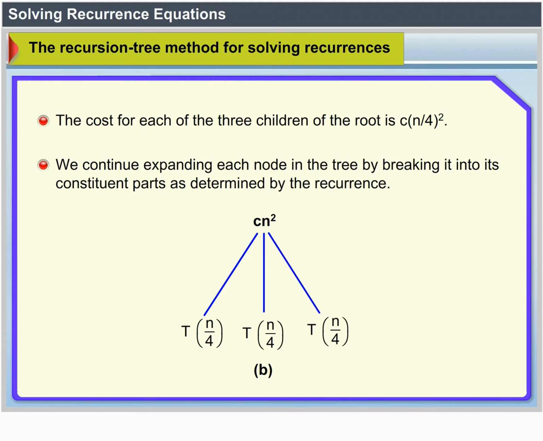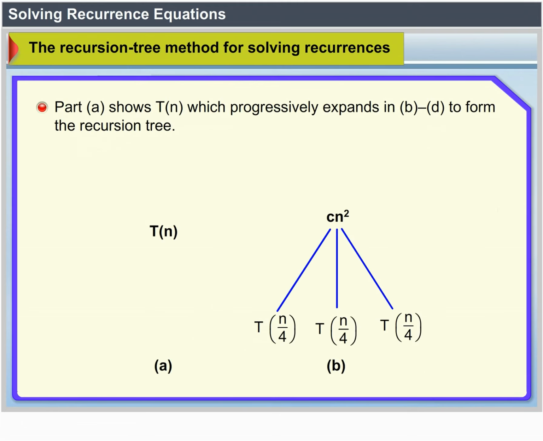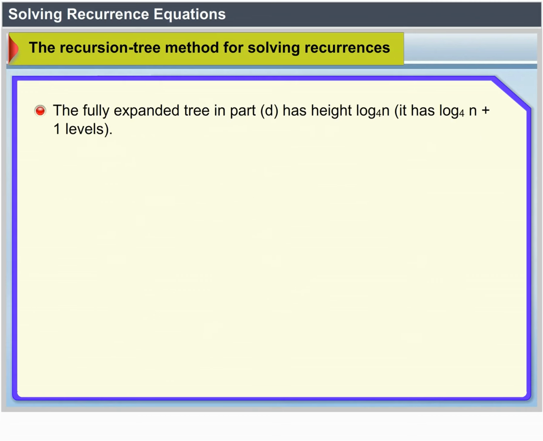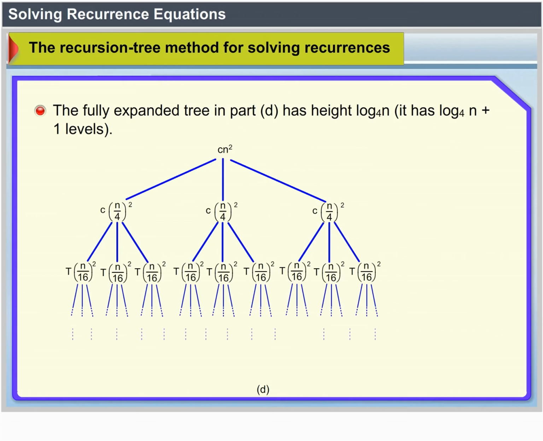In this figure, Part A shows T(n), which progressively expands in Part B to Part D to form the recursion tree. The fully expanded tree in Part D has height log₄ n. It has log₄ n + 1 levels.